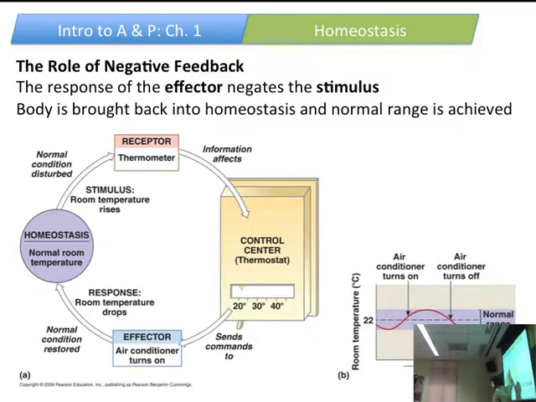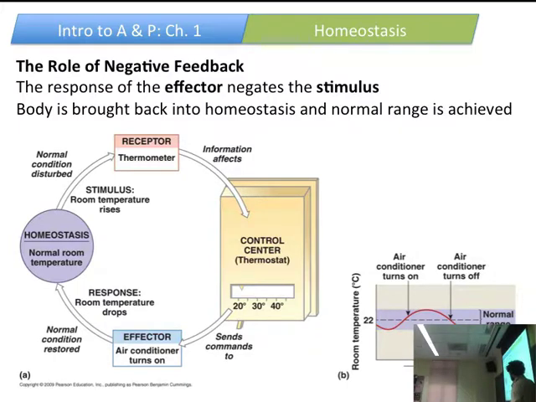There's a thermometer in the thermostat here, and the thermometer tells the thermostat the value, which compares it to the set point where we dial in the temperature in the house, and it says, okay, this value is too far out of range, so we're going to turn on the effector, the air conditioner. That's going to bring the temperature back down into the range. Temperature drops, we get back to normal. And then once it's back to normal, it turns off the air conditioner.